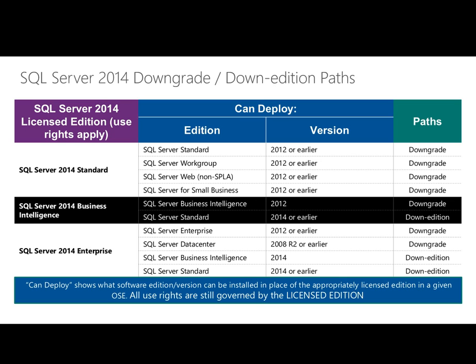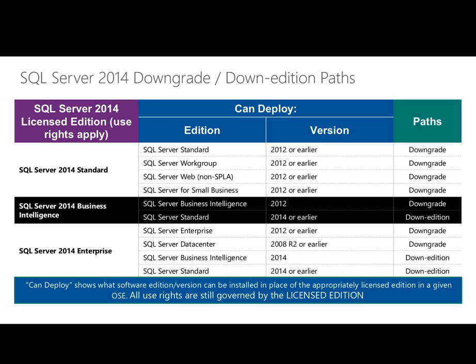For business intelligence, you can only downgrade to SQL Server 2012 Business Intelligence, or you can downgrade to SQL Server Standard 2012 or 2008 or earlier. So 2014 business intelligence to 2012 business intelligence, that's a downgrade.